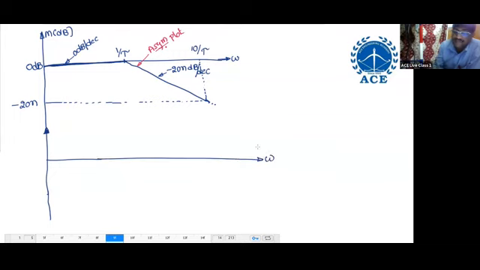This is omega. Take the projections of the corner frequencies. So this is 0 degrees.